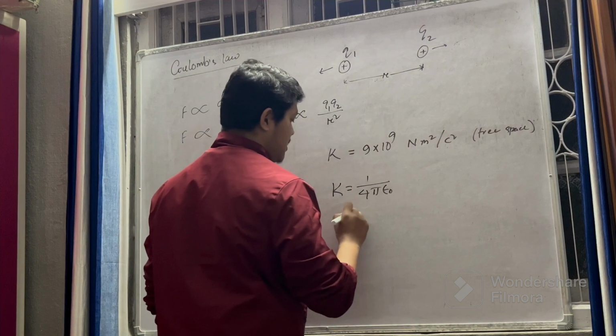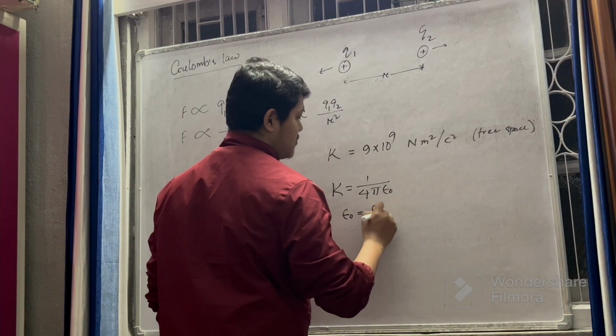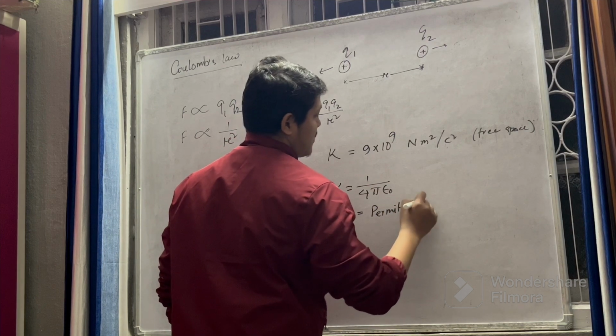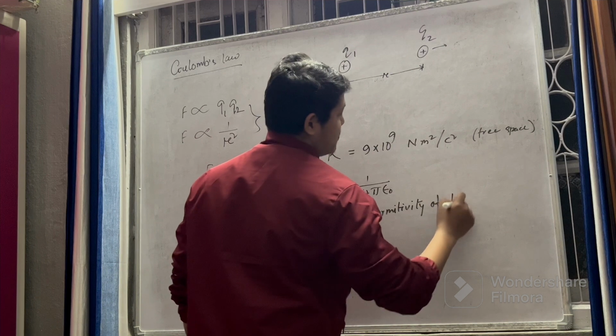Here epsilon naught is the permittivity of free space.